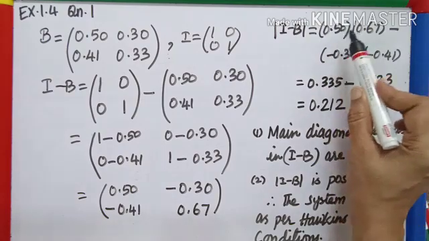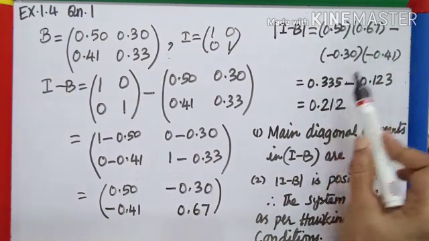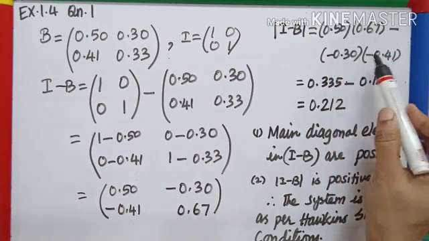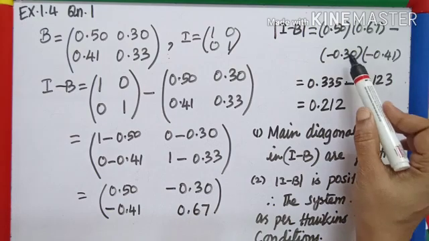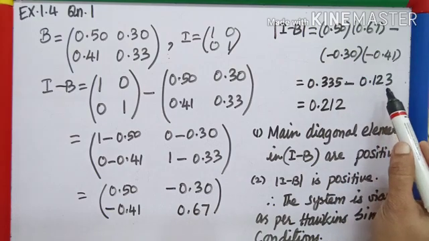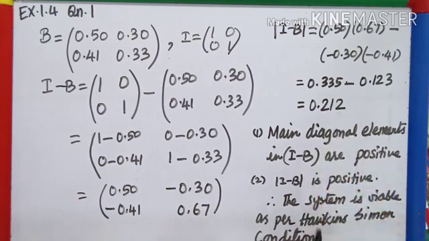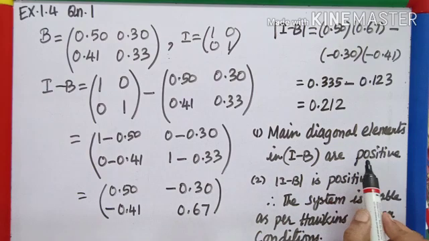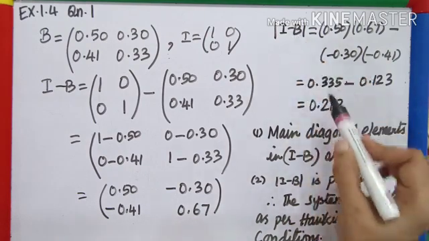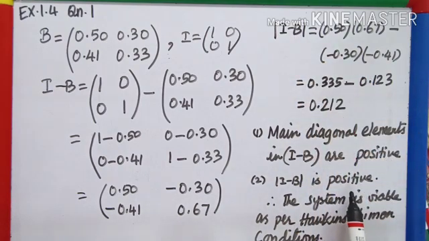As we multiply 0.5 into 0.67, minus into minus is minus 0.30 into 0.41. As we subtract, we see the answer is positive. So main diagonal elements in I minus B are positive. Determinant of I minus B is positive. Therefore, the system is viable as per Hawkins and Simon conditions.